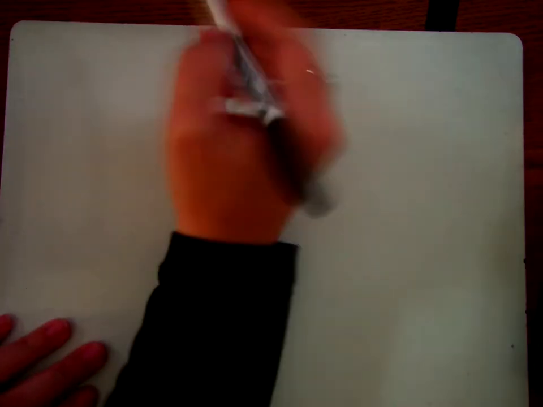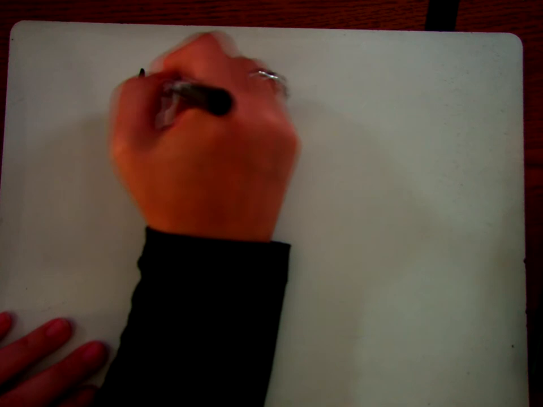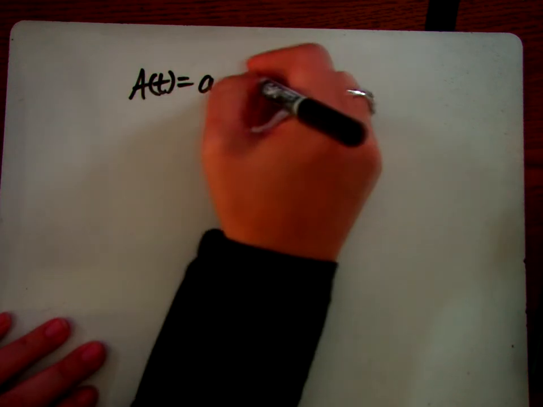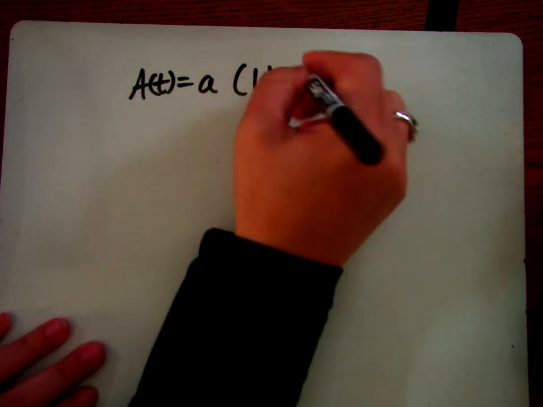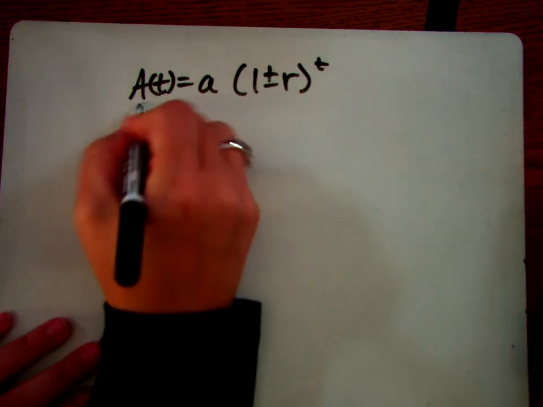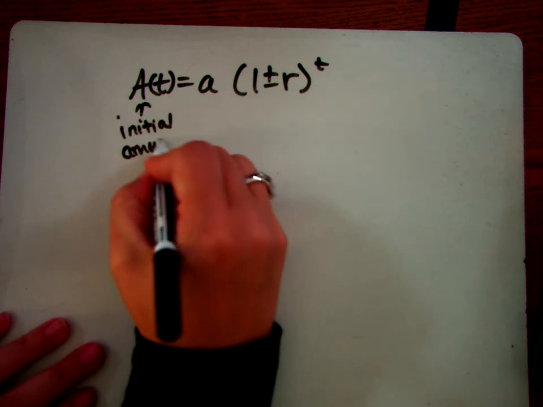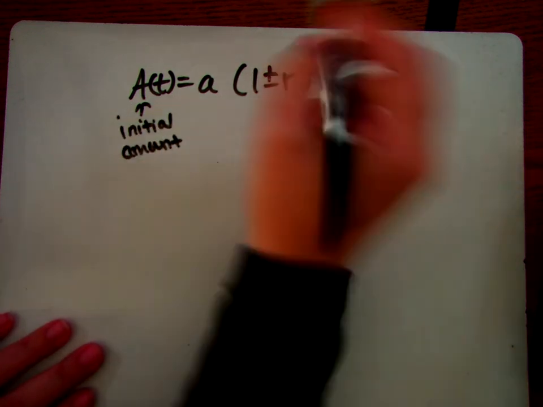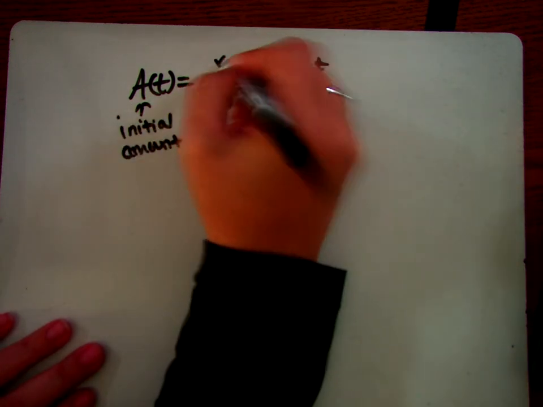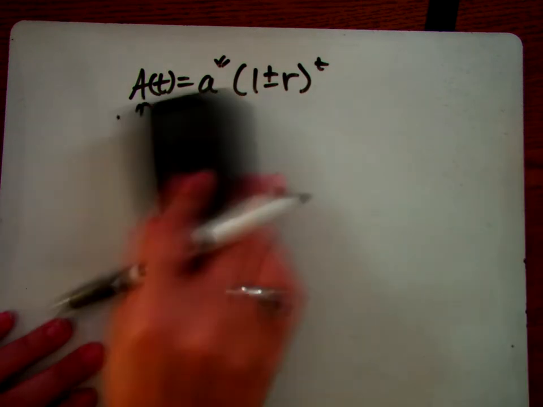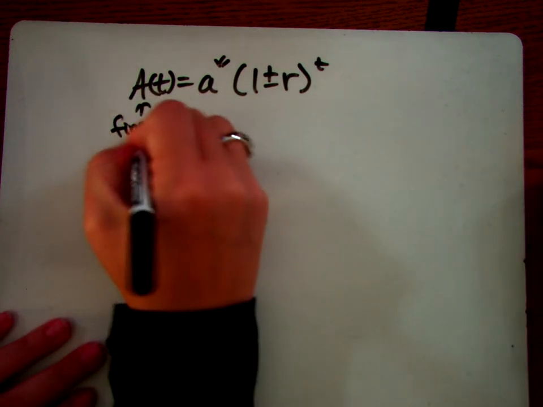So how do we model this? Well, we have a formula that we use. This is what we're going to use when we're given word problems. This is your final amount.